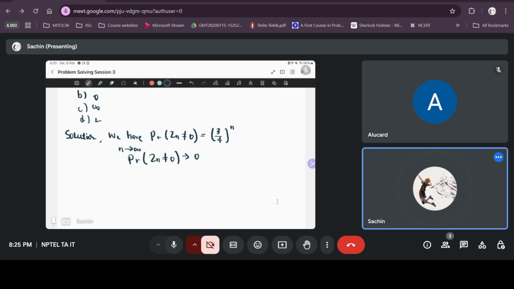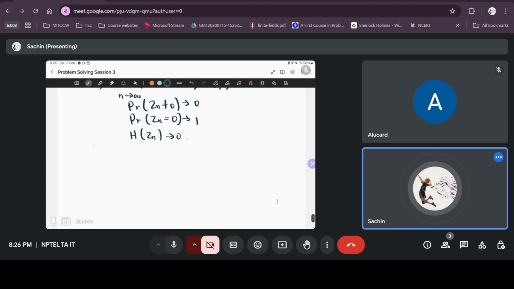That means as n increases, Zn becomes more and more deterministic. So this means that probability of Zn equal to 0 approaches 1. So the uncertainty H of Zn approaches 0. And that's just an informal way of writing it.